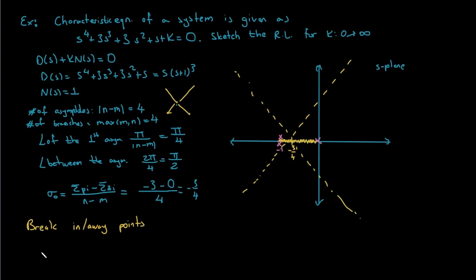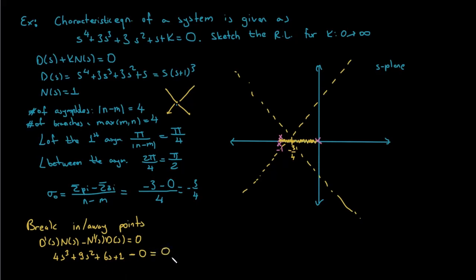So we're going to solve the equation d prime of s times n of s minus n prime of s times d of s equals 0. So d prime of s is equal to 4s cubed plus 9s squared plus 6s plus 1, times n of s, which is equal to 1, and n prime of s is equal to 0. So minus 0 is equal to 0.